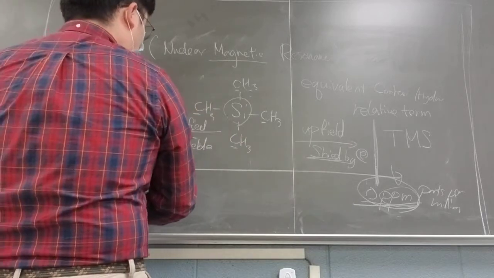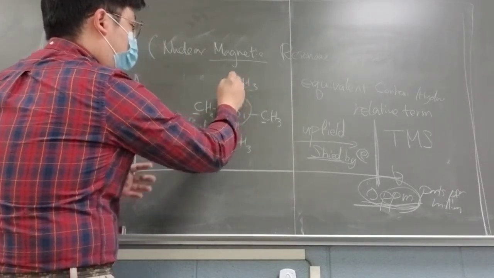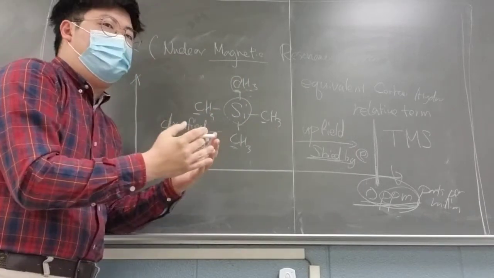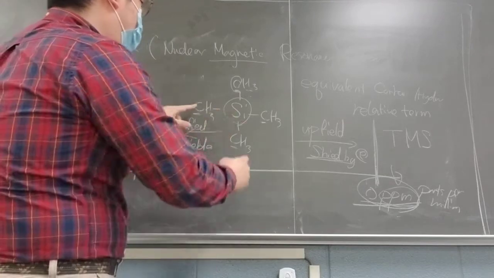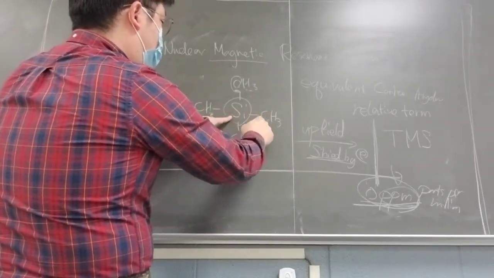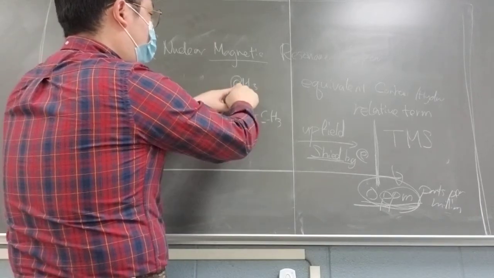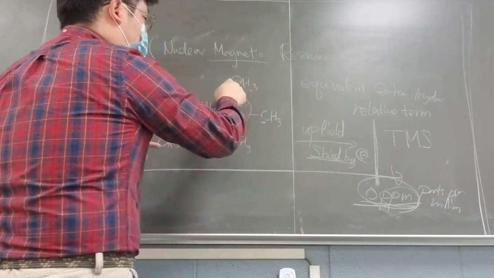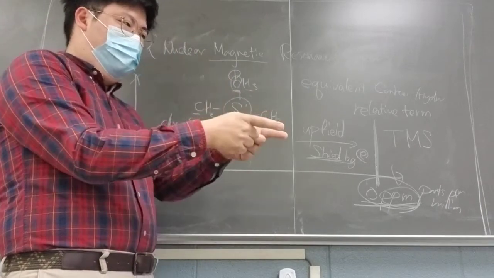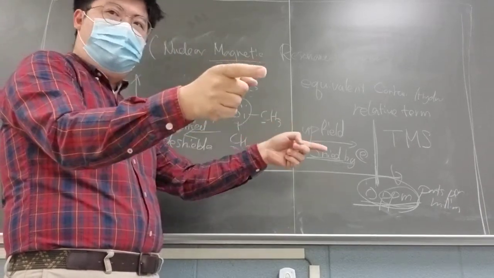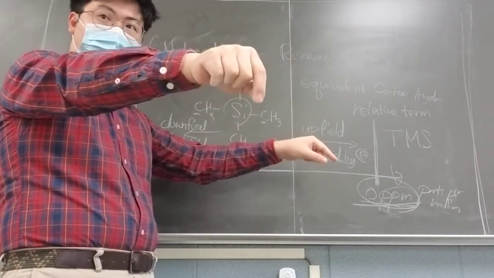If you look at this carbon right here, or this carbon here, this carbon is affected by the central silicon atom here, and all the other neighboring carbon methyl groups on the central atom toward them, right? So if I'm standing right here, I'm looking at the central atom in the middle, I see the other 3 methyl groups there, the back, left and right.